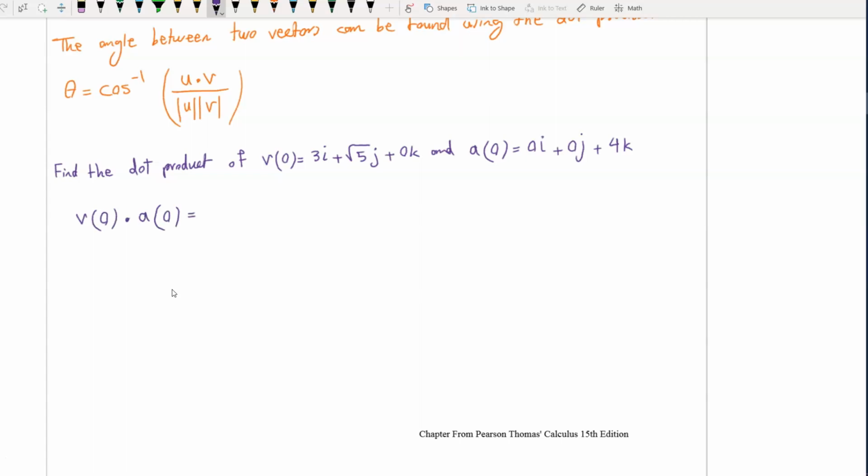And this is equal to 3 times 0 plus square root of 5 times 0, and 0 times 4, so this is equal to 0 plus 0 plus 0, and that is 0.